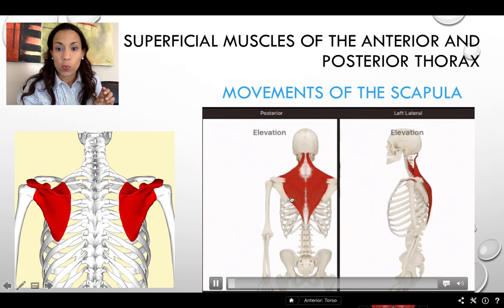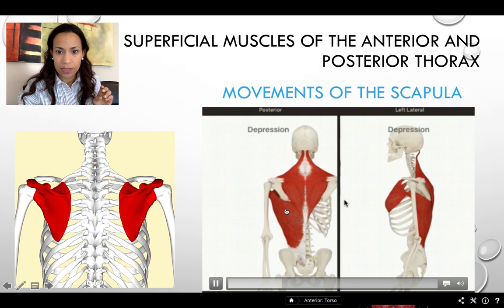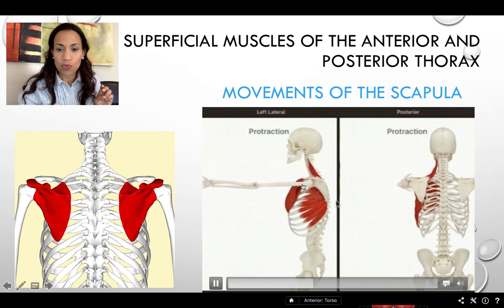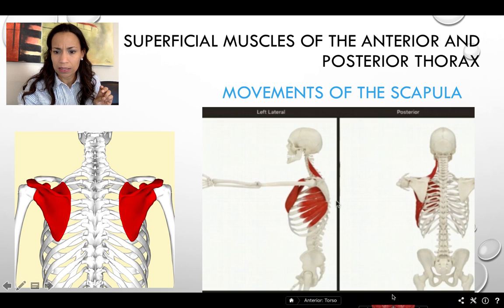Let's see. We can elevate the scapula, right? We can depress the scapula, putting it down. What else? We can protract the scapula when you move it in the anterior plane.